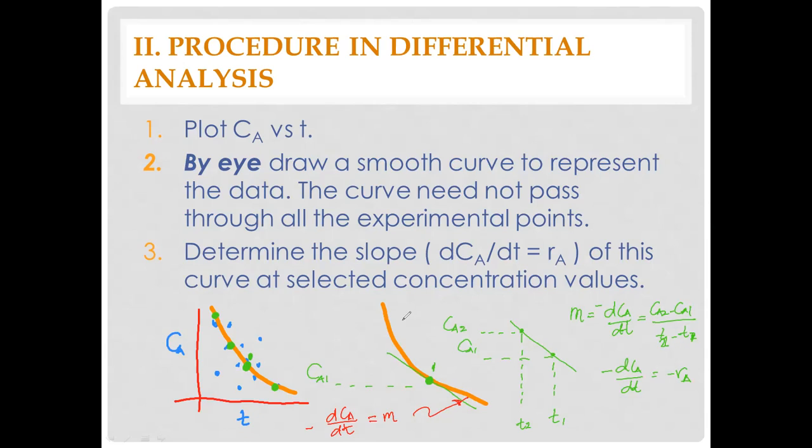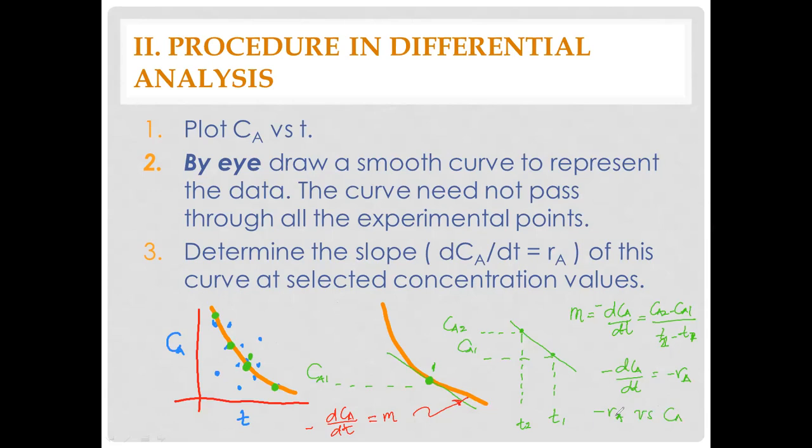Specifically, what are those data pairs? CA, the chosen CA, and the corresponding slope of the line tangential to your best fit curve drawn on that particular point. So your data pairs are rate versus CA.